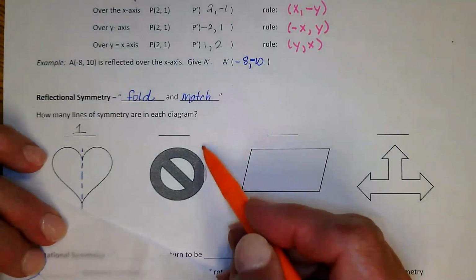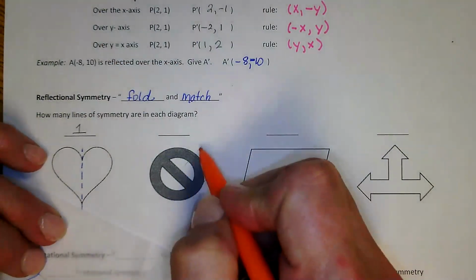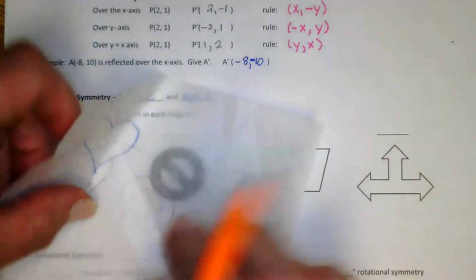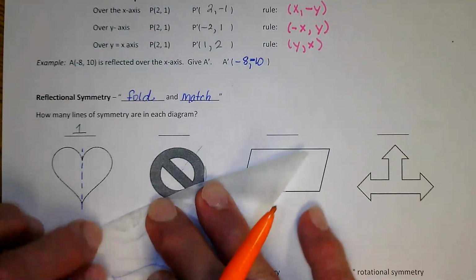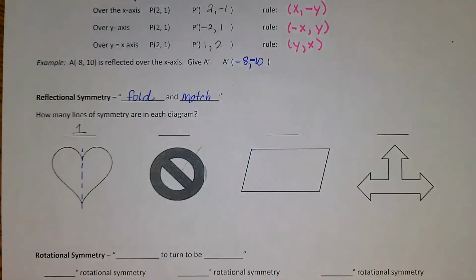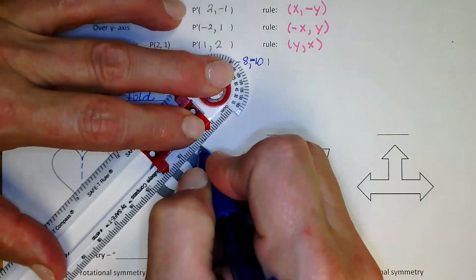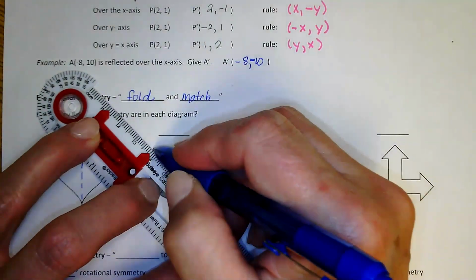Can I fold it this way? Right here? Well, let's find out. Yeah, if I could fold straight, sure can. So it will have two lines of symmetry that are perpendicular to each other.